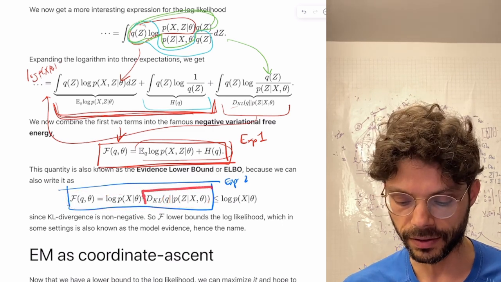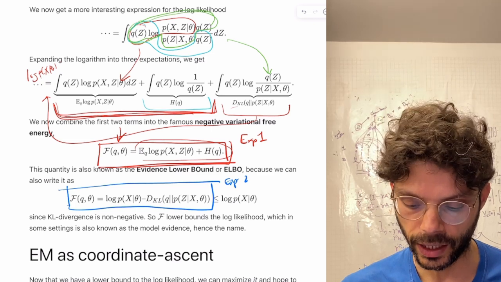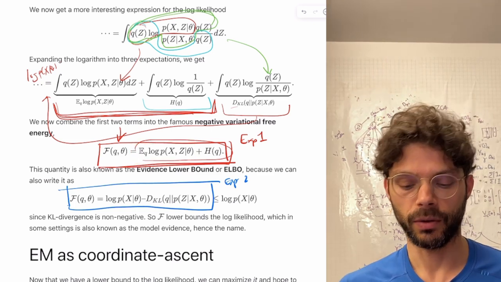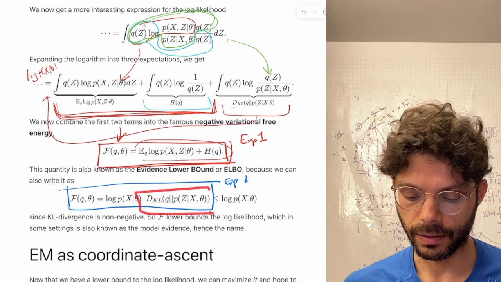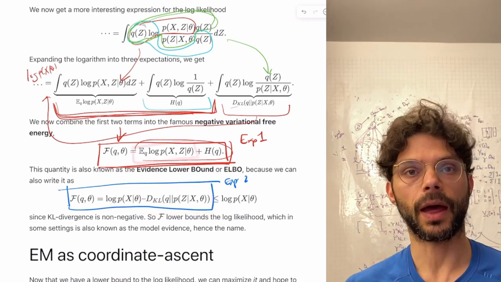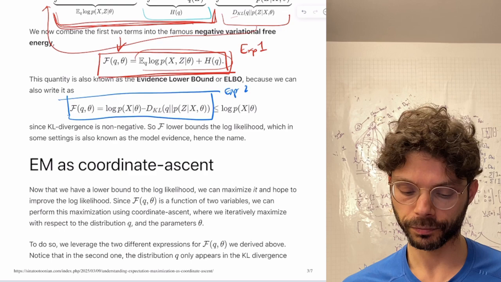So all we have to deal with is this one. And if we want to maximize with respect to theta, all we have to deal with is this side. And so it allows us to alternate two processes, minimizing this, maximizing that. And that gives us the expectation and maximization steps.